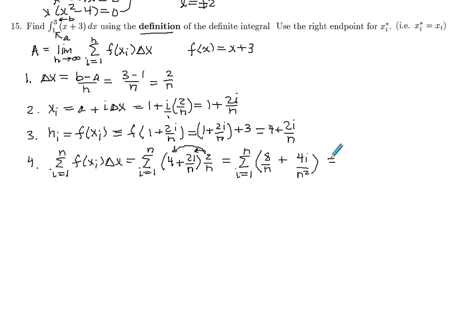And now break the sum apart, so take the sum of each piece. So this will be sum i equals 1 to n of 8 over n, and then plus the sum i equals 1 to n of 4i over n squared.